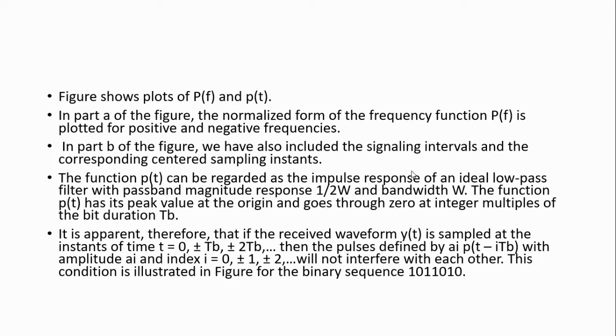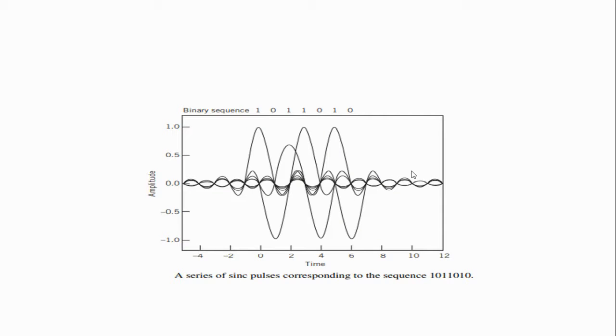T_B. If the received waveform y of t is sampled every T_B time period, at t equal to 0, plus or minus T_B, plus or minus 2T_B, and so on, then here is the binary sequence.